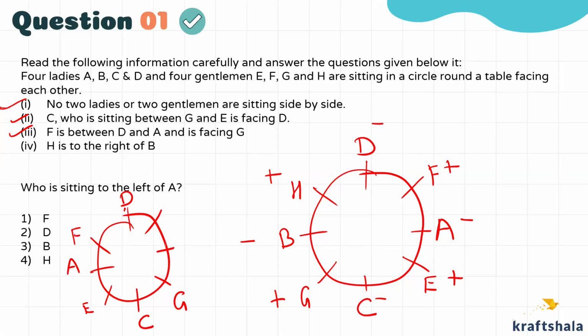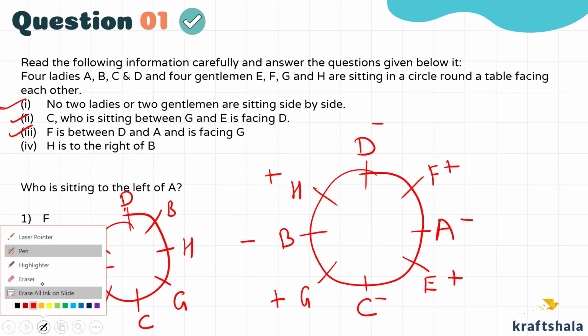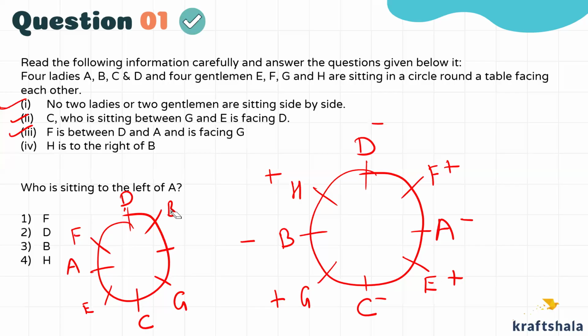If I mark H is to the right of B, B here, H here, this will not be right. This will be left. So I have to change. Now this is correct.